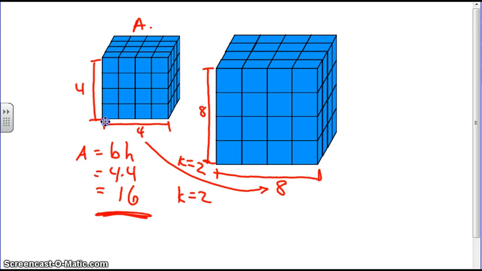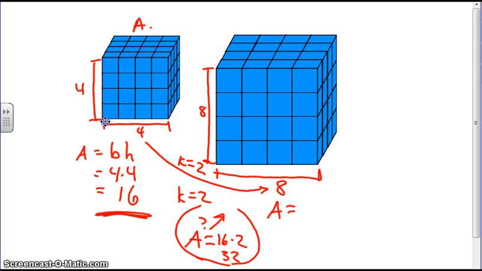So if we could, is the area of this new figure here 16 times 2 or 32? Is that what this is? Let's go see by experimenting with the values given. So the area in this new figure is given by base times height as well, isn't it? And so let's plug in the known values, 8 times 8. And 8 times 8 is 64. It is not 32.